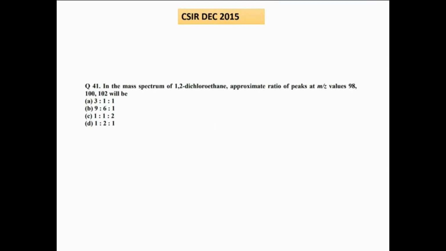The mass spectrum of dichloroethane, approximate ratio of peaks. What is the answer? Option B, ma'am. 9:6:1.